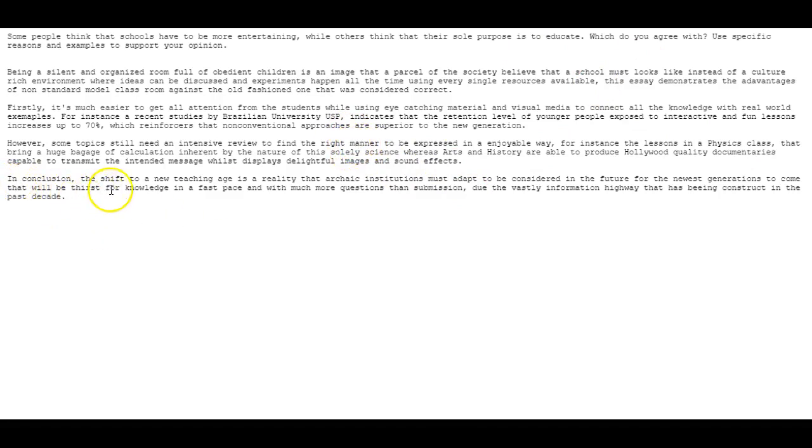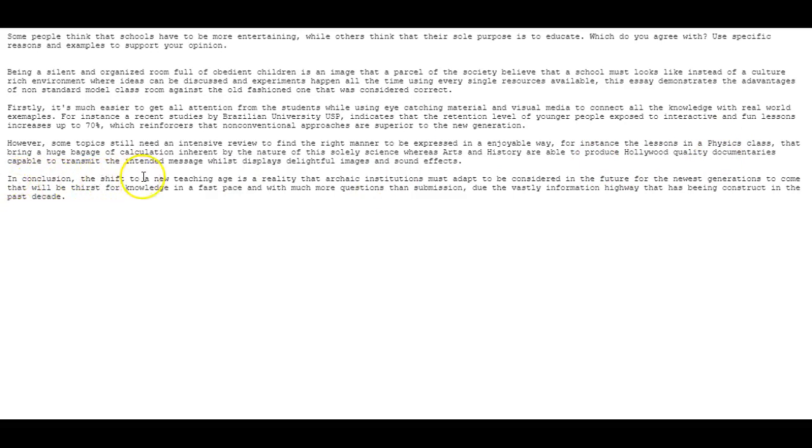"In conclusion, the shift to a new teaching age is a reality that archaic institutions must adapt to be considered in the future for the newest generations to come that will be thirst for knowledge." No, grammatically this is problematic. Let's try it again.